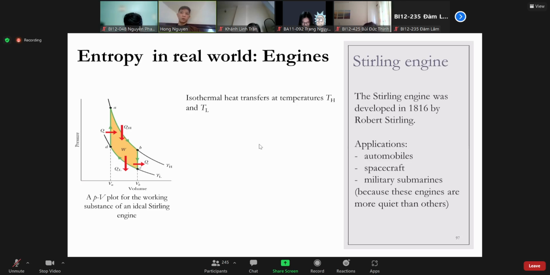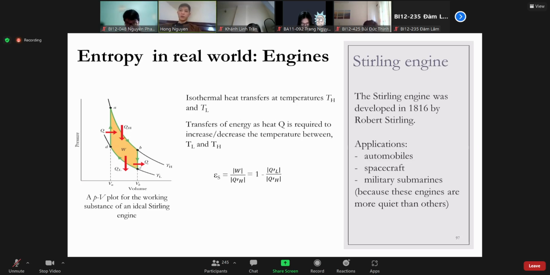Now we do the same procedure to calculate the efficiency. The efficiency here is still the work over what we pay for, which is the Q prime H here. So this is actually the sum of the two things here, QH and Q. So when we rewrite it, we just replace the QH, the Q prime L and Q prime H as this one.